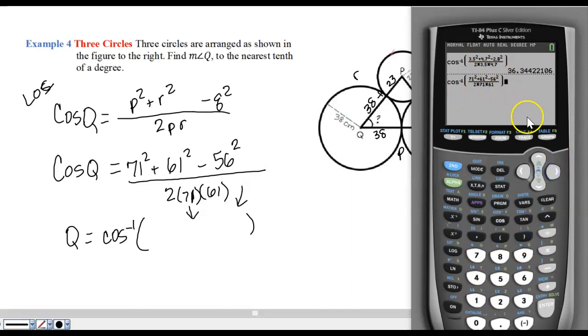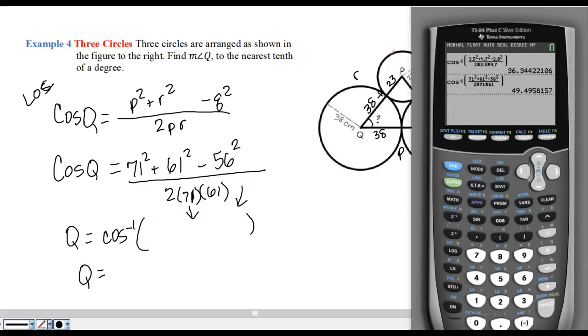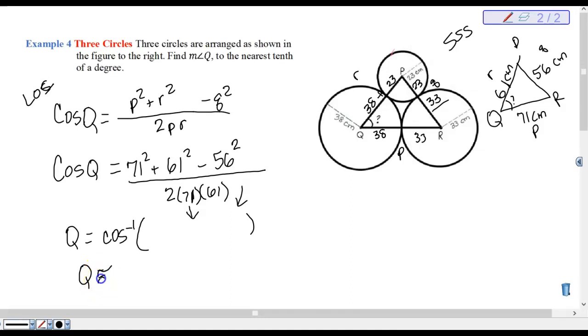Double checking here that I typed it correctly. Hit enter, and we get Q is equal to, what was it? 49.495.